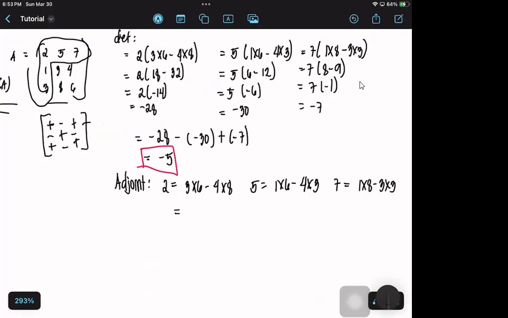Recalculating everything, it will become 3 times 6 is the same as earlier, 18. Then minus 32, then it will become negative 40. So that is the answer of that cofactor, since we're getting the cofactor. But here we are not really stating the step-by-step process for getting the adjoint, because that is actually based here.